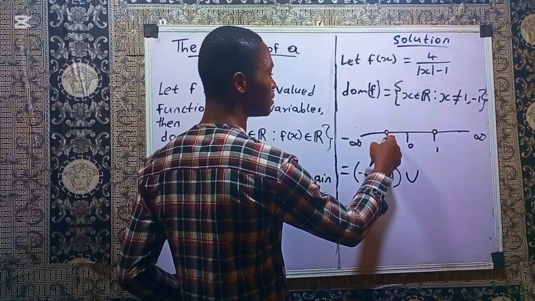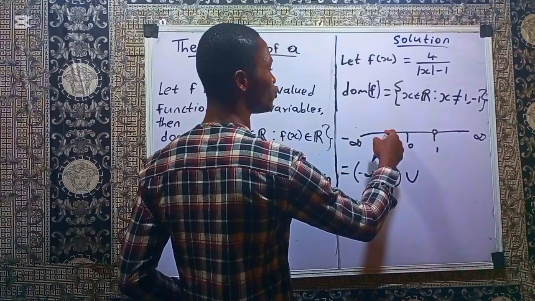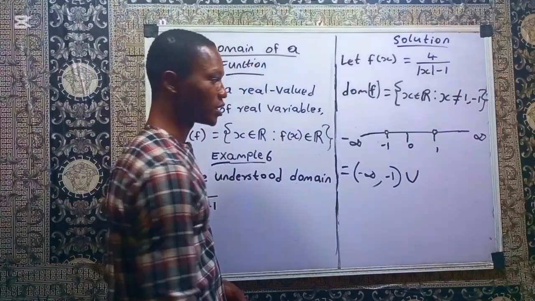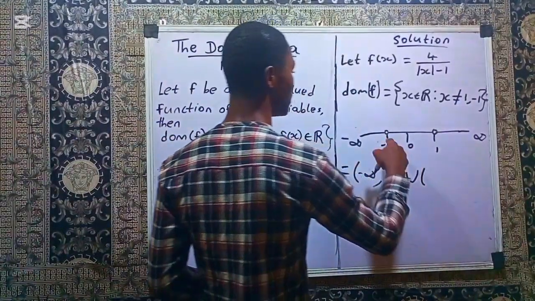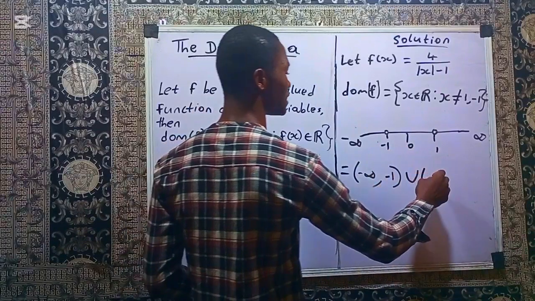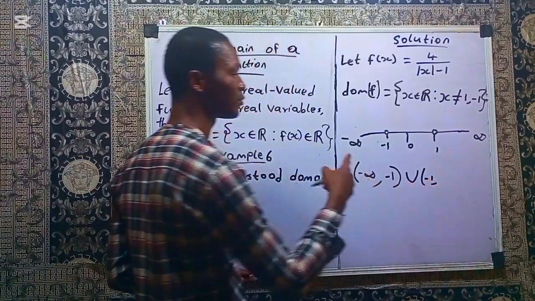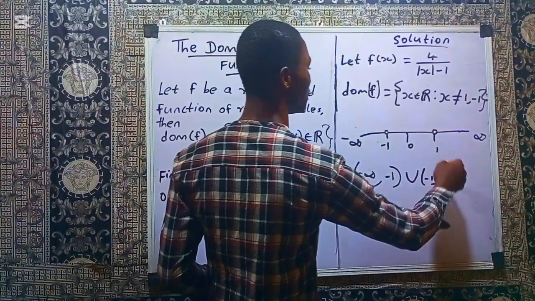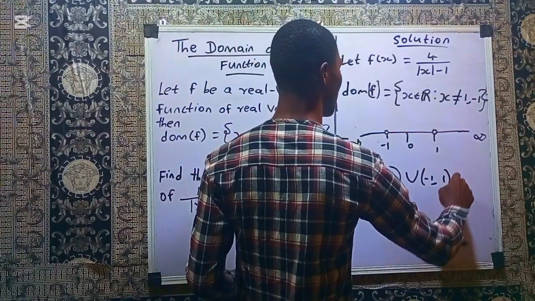Then between minus 1 and 1, all these points in between are also among. So I'll write my -1 with open bracket because -1 is not among, but all numbers between -1 and 1. Then I'll write my 1 with open bracket.